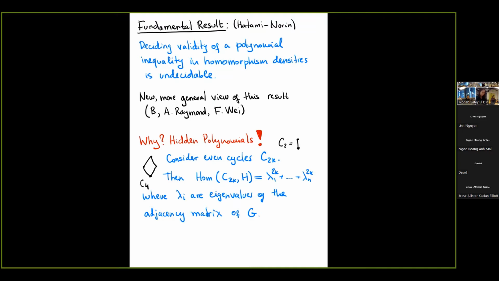Essentially, it says that there is no algorithm that can correctly tell you whether a given inequality is correct or not. So given an inequality, there is no algorithm that is going to output correctly yes or no. If it's valid, if the inequality holds all the time, then it's going to output yes. If it doesn't hold, it's going to output no.